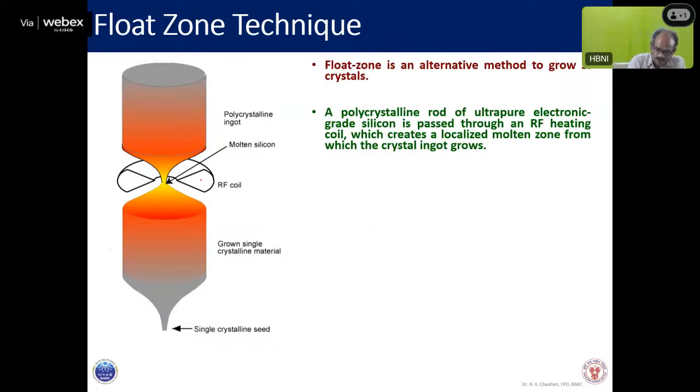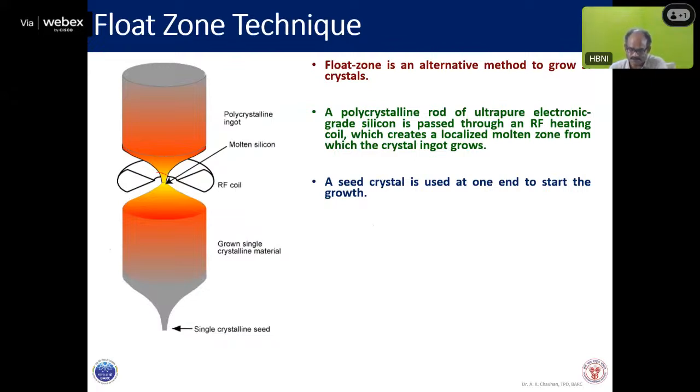So suppose this is the RF coil. Now there was a solid rod, and you are passing it through this coil. So the small portion will be melted, and then as soon as it goes down, you will see a lower temperature, and then it will become solidified.